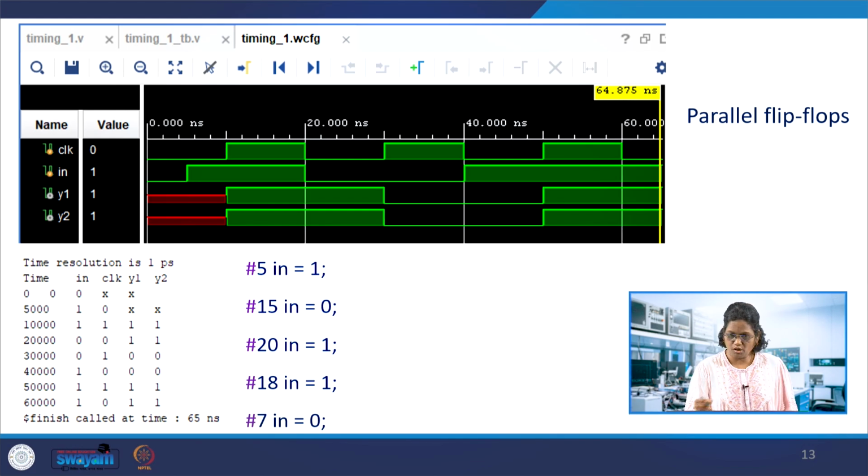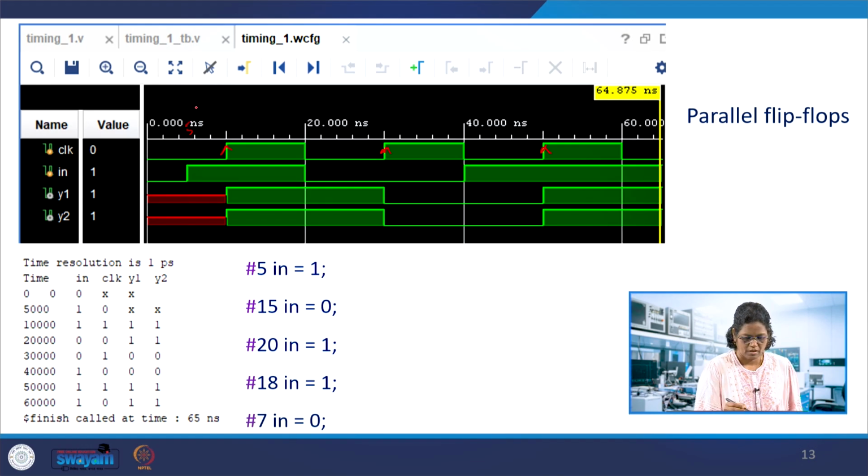So the parallel flip-flops: we had two flip-flops which are getting the same input. The inputs I have listed over here, and the clock you can see in this case. The input is assigned to y1. The first input is changing at 5.